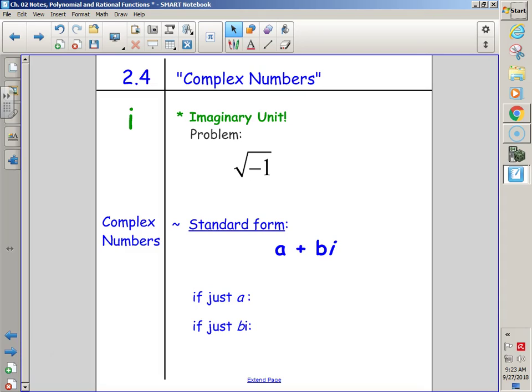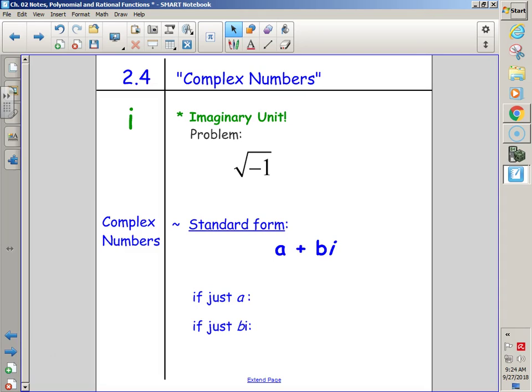Okay, what's the struggle with square root of negative 1, cool kids? Why is it imaginary? Because why? Why doesn't it work? Why can't you square root a negative? A negative times a negative is a positive, and a positive times a positive is a positive.